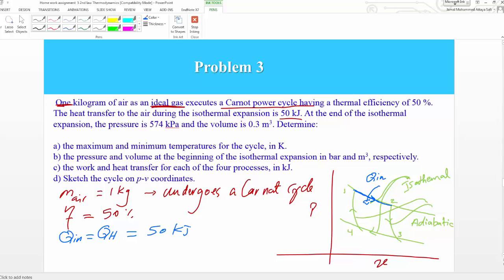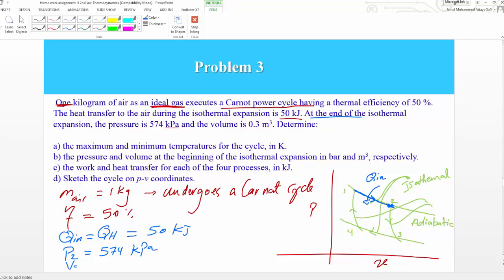And then the pressure: it tells me at the end of the isothermal expansion, so here, process 2, this is the end of isothermal expansion, the pressure is, so P2, I can write here, is equal to 574 kilopascals.